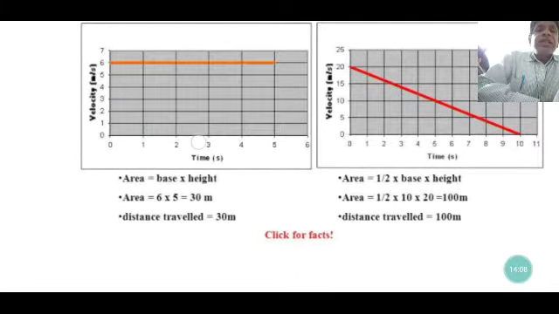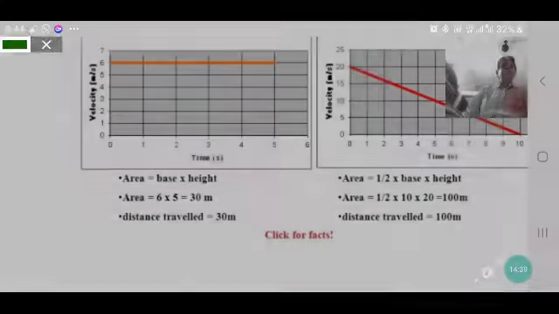Here it means 6 meter per second and 5 seconds. That will be equal to 30 meter. Why is it so? The unit of area is always a square unit, but here the area gives the displacement, and we get only 30 meter. Why does this happen? Let's go to this and clear it. Look here.